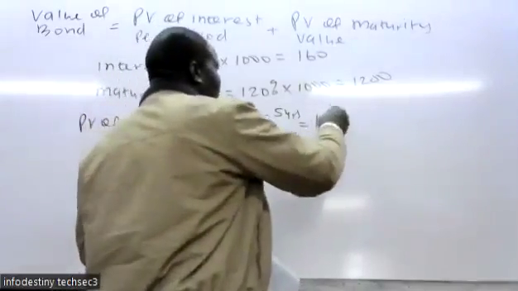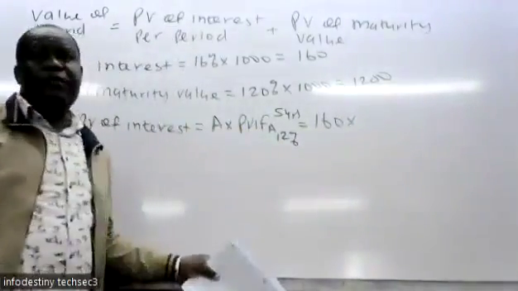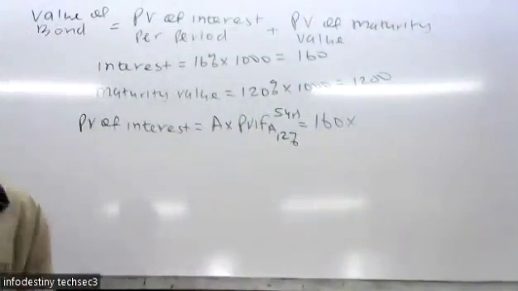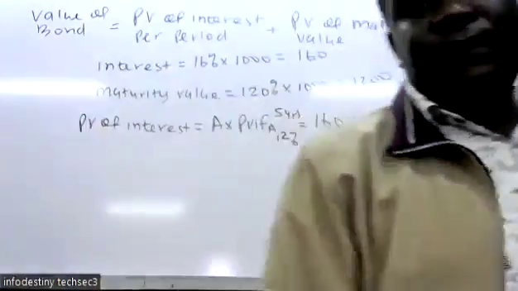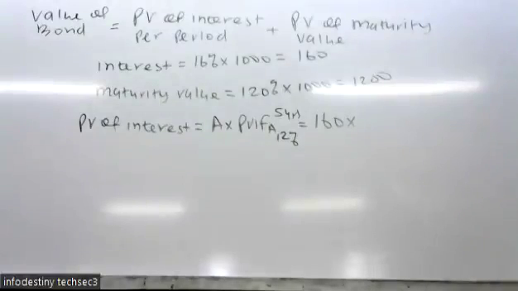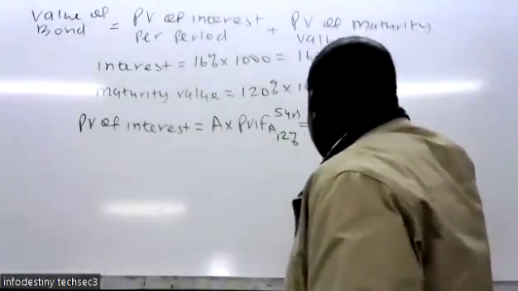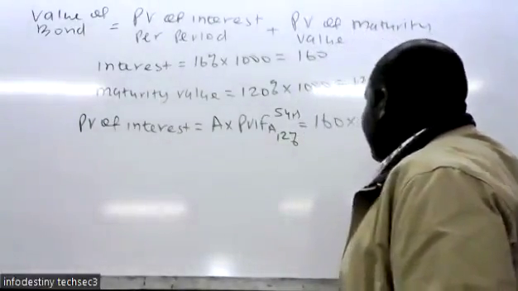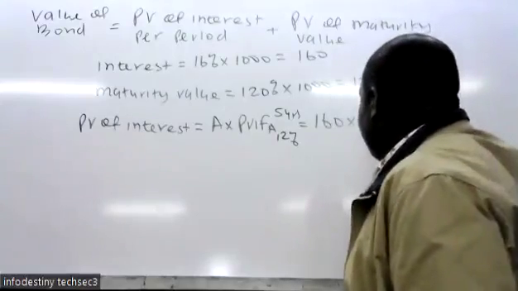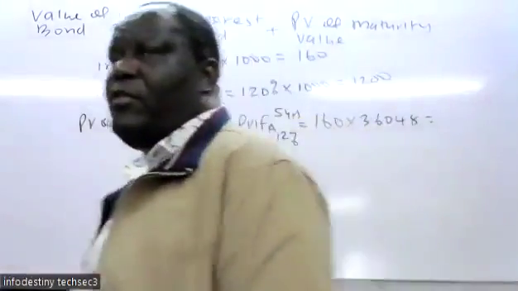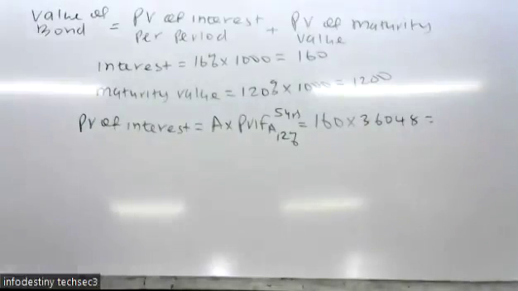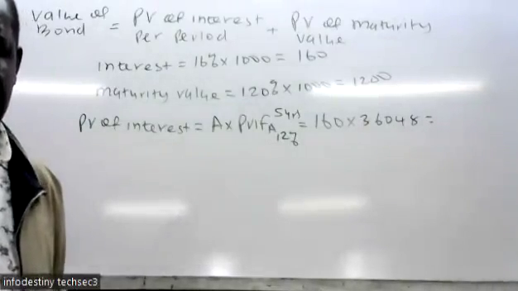So you take the 160, then confirm in the annuity table, the second table, what is 12% in year 5. It is 3.6048. So we get the present value of the interest on the basis of that.